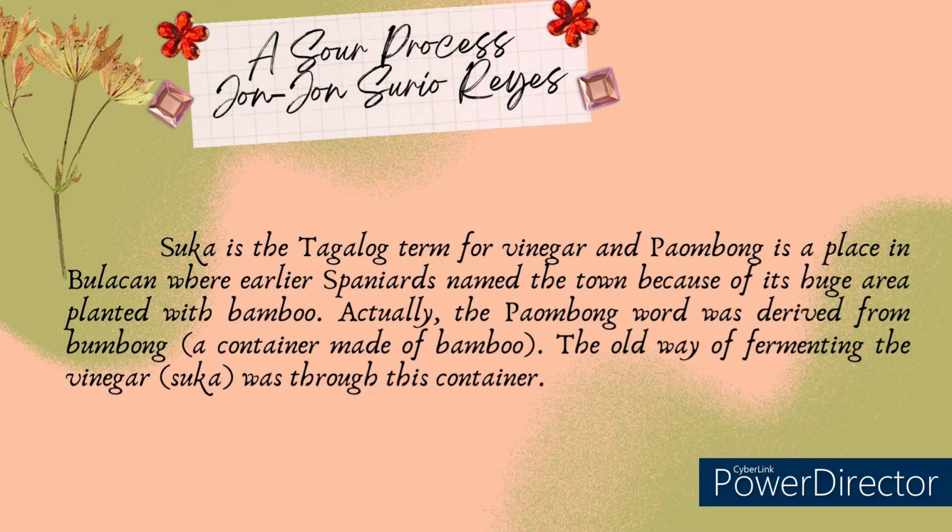Suka is the Tagalog term for vinegar, and Paombong is a place in Bulacan where earlier Spaniards named the town because of its huge area planted with bamboo. Actually, the word Paombong was derived from bumbong, a container made of bamboo. The old way of fermenting the vinegar, or suka, was through this container.